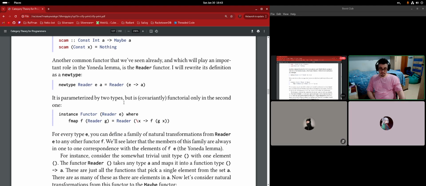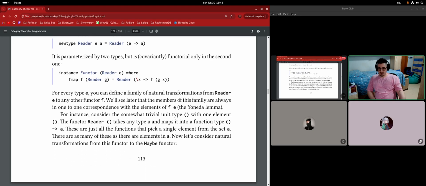We showed that depending on which ones are coming here, we're going to have a covariant or a contravariant functor. If the A goes in the beginning and it is the second type parameter coming, it's going to be a contravariant functor. And if it is the output, it's going to be the covariant functor. Here we're looking at the covariant one. And this is the functor implementation of this.